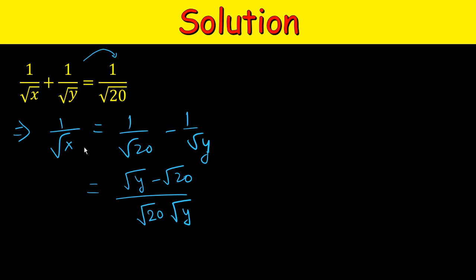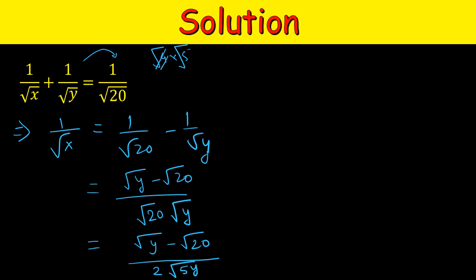So 20 is 4 multiplied by 5. So we can write it as square root of 4 times square root of 5. Square root of 4 is 2. Root 5y.